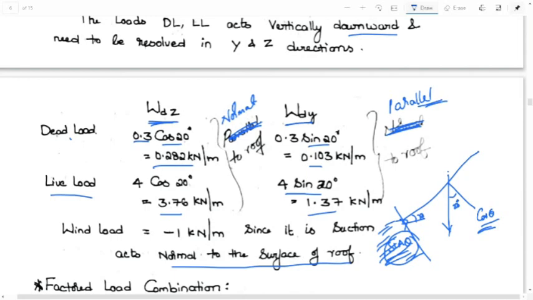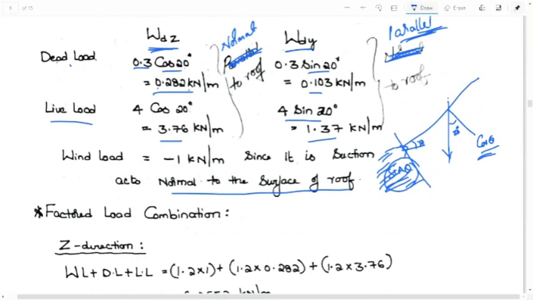So now you know these two forces 0.282 and 3.76 are the dead load and live load components acting normal to the roof, normal to the Z plane, right? And 0.103 and 1.37 are the loads acting on the purlin parallel to the roof or along the roof.